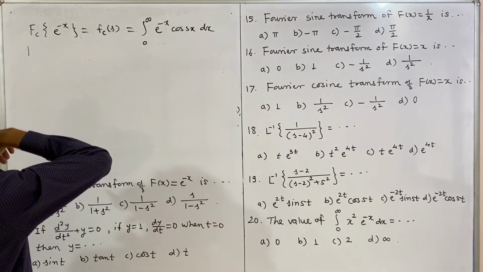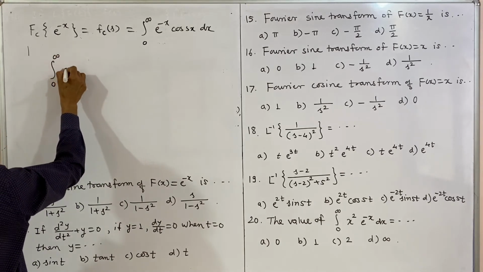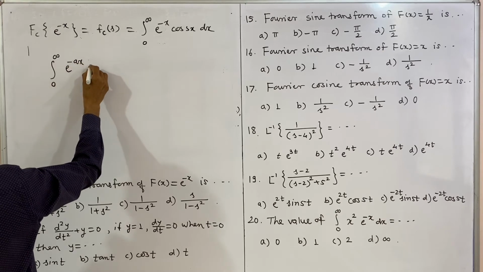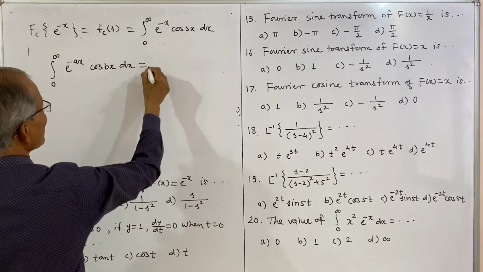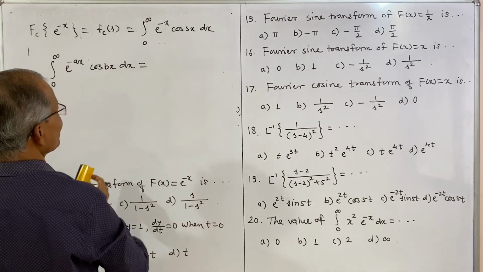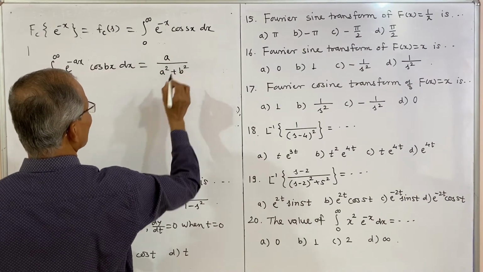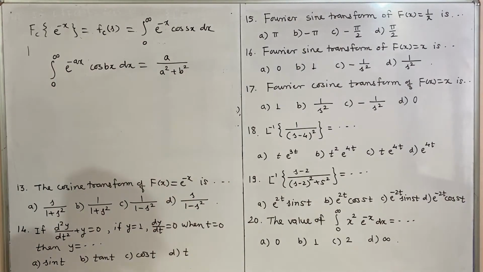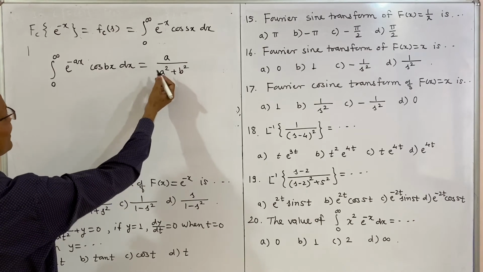Now we have a formula for this. We can use the formula: the integral from 0 to infinity of e power minus ax cos bx dx is equal to a divided by a square plus b square. Now this is a formula from integral calculus, you may verify this, and by using this formula, what is a here?